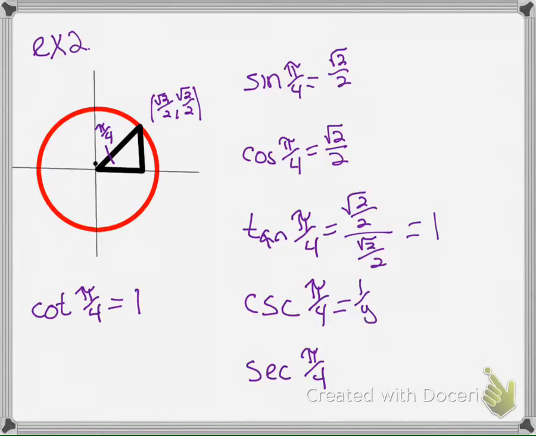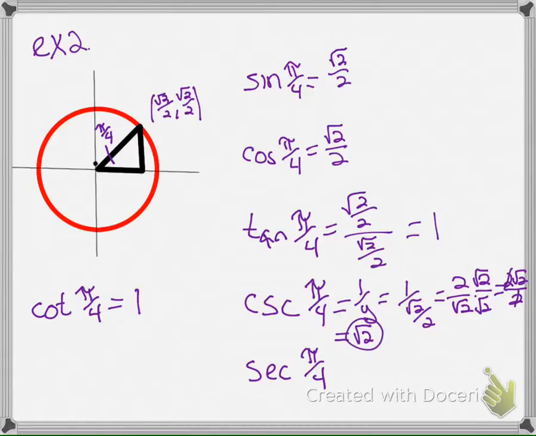Which we know is 1 over square root of 2 over 2, which gives us 2 over the square root of 2. We rationalize. We end up with 2 square root of 2 over 2. Cancel our 2's. What am I left with? Yep, just root 2.